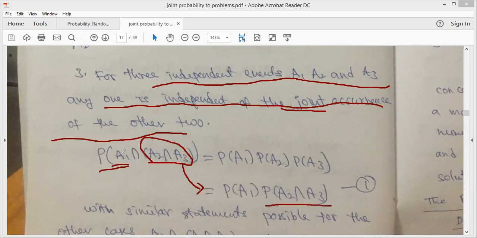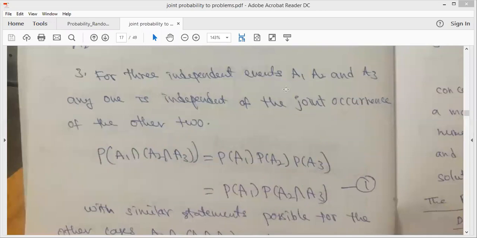Since all three events are independent, probability of A2 intersection A3 can be written as probability of A2 into probability of A3. So probability of A1 intersection A2 intersection A3 is equal to probability of A1 into probability of A2 into probability of A3.